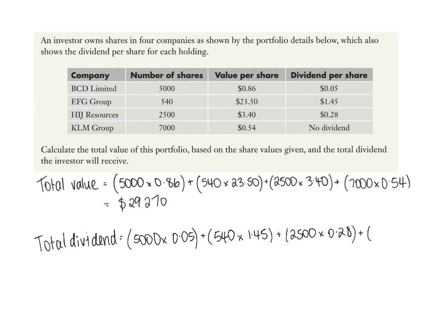And finally, KLM actually receives no dividend, so we're going to take that away. Calculating all of that, we get the total dividend of $1,733. So basically, the owner of this portfolio would receive an annual dividend of $1,733. So really, that's not a hard calculation for you to do.